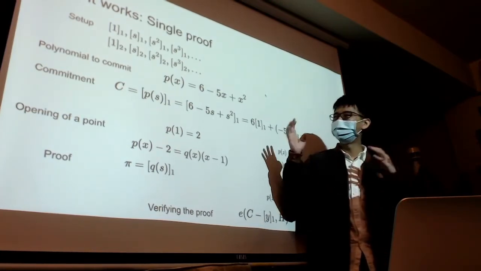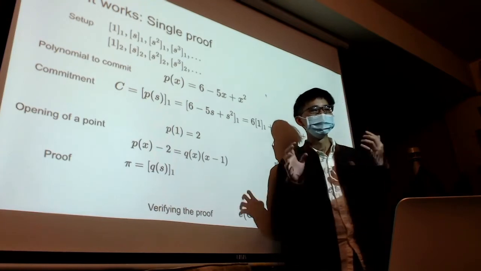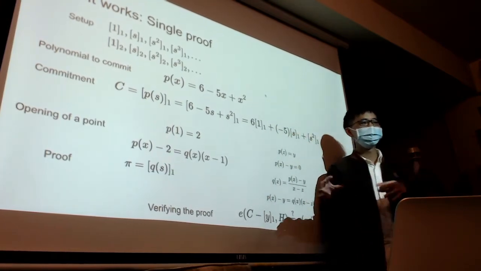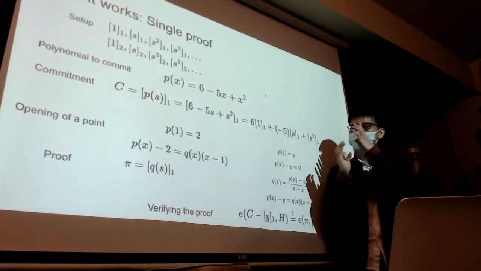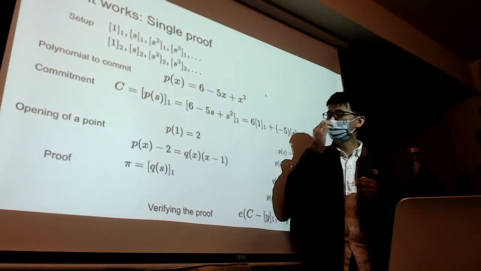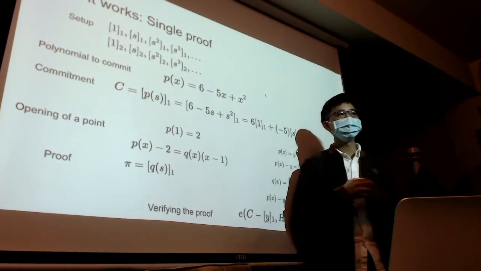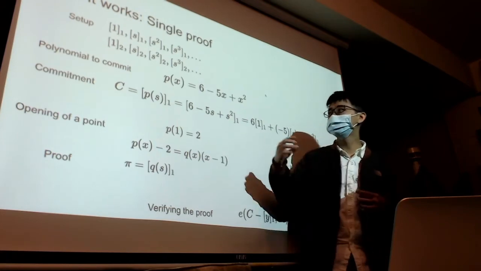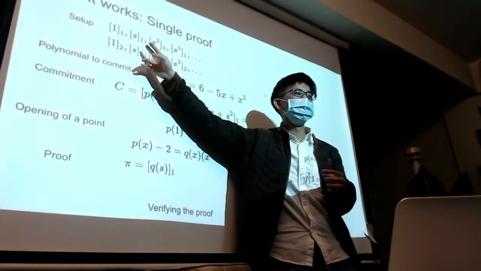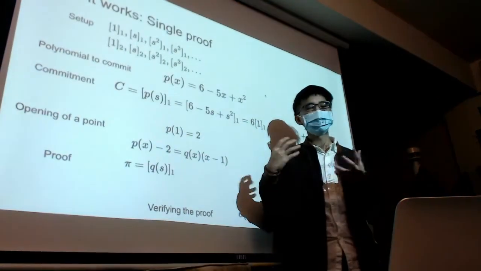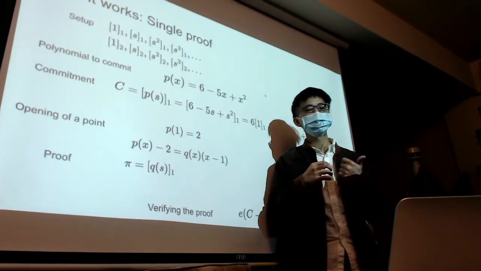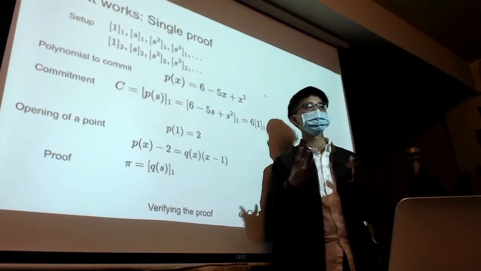I assume some prerequisite knowledge of elliptic curve definitions. Sorry about that. The trusted setup generates a secret value s. This is a prime field element; you can think of it as a positive integer.